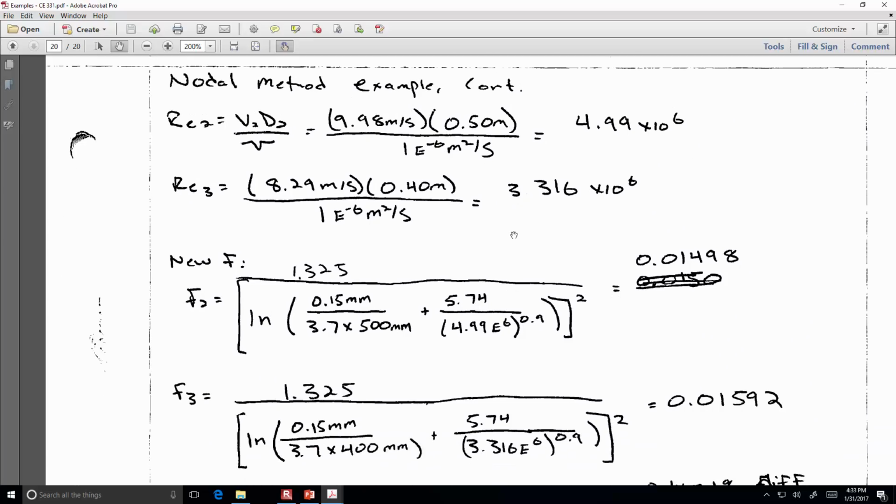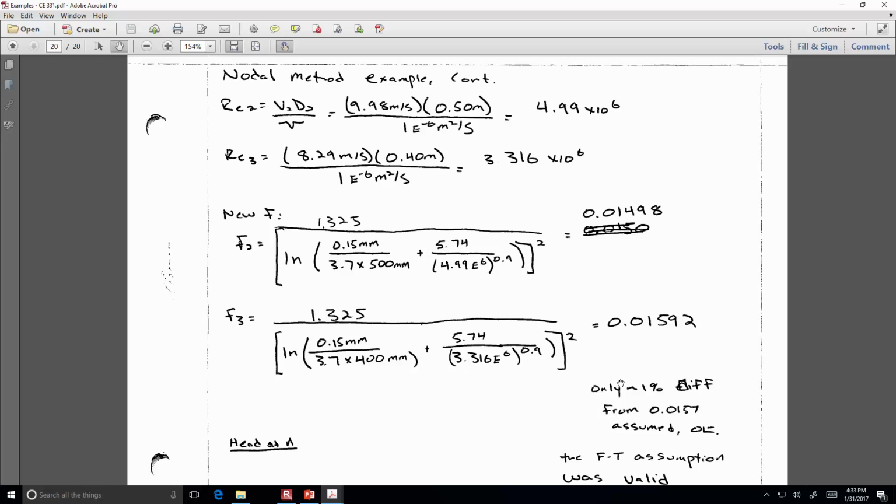All right. So we calculate a new Reynolds number for each of the pipes, and then we put that into the full version of the Jain equation and get our new and improved f values. It turns out that that's less than 1% different than what we had when we used the fully turbulent assumption.